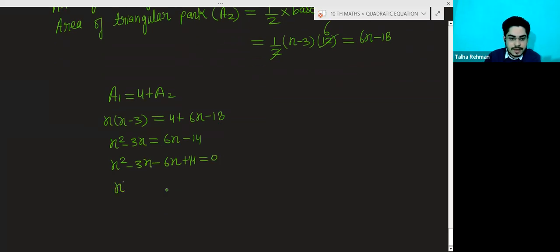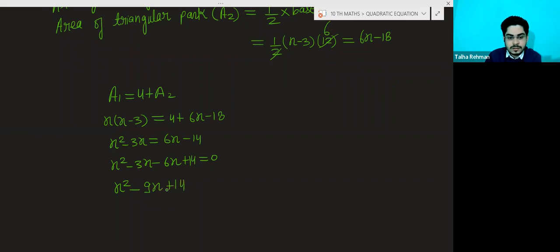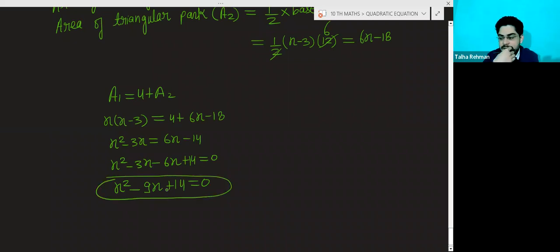So you will have x square minus 9x plus 14 is equal to 0. So this is the quadratic equation we are getting.